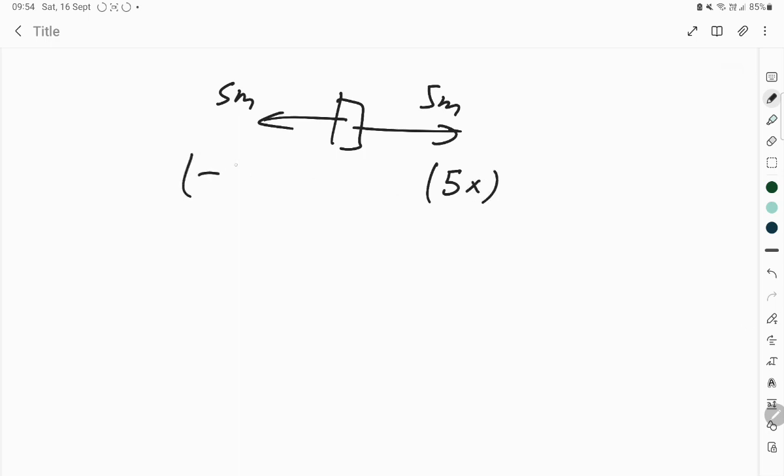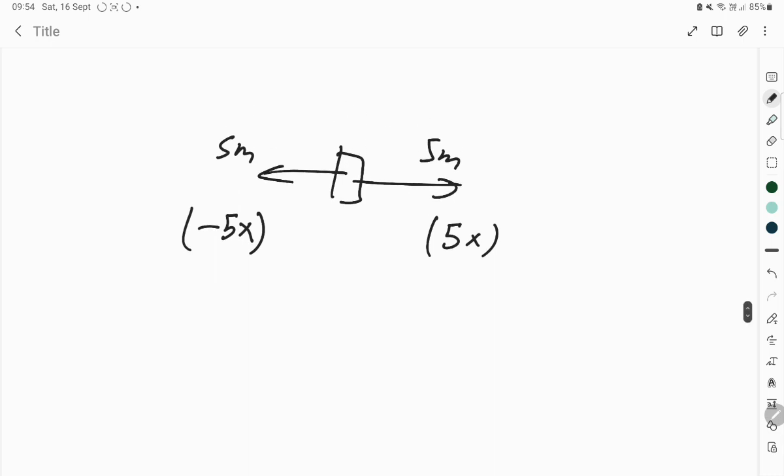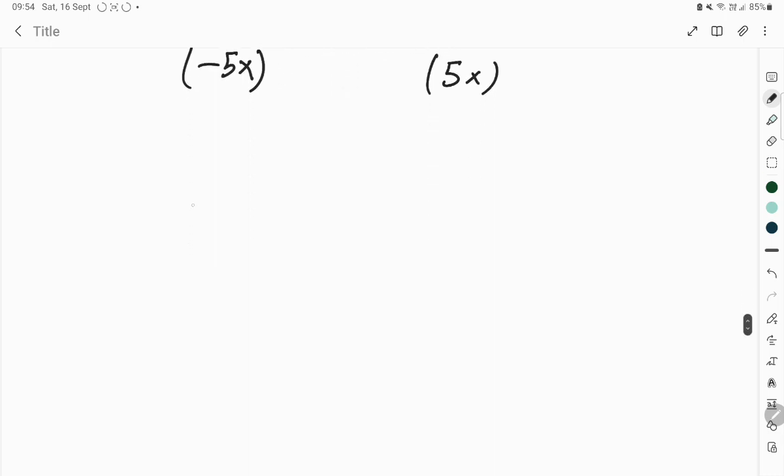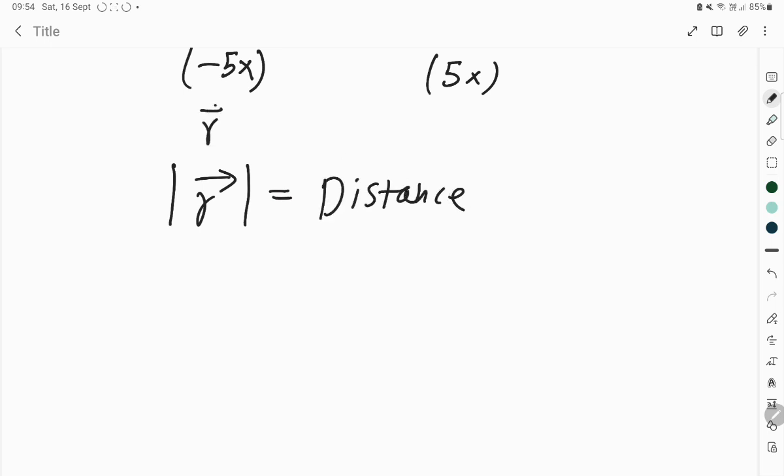If you go here, displacement is minus 5x. That's the difference. So r vector is displacement, and the magnitude of this vector is the distance.